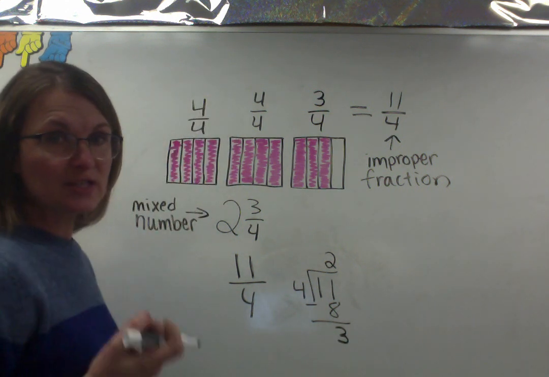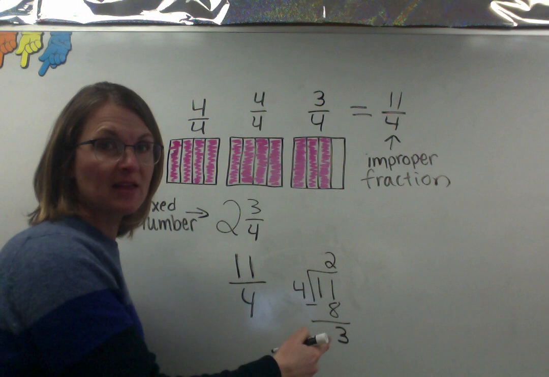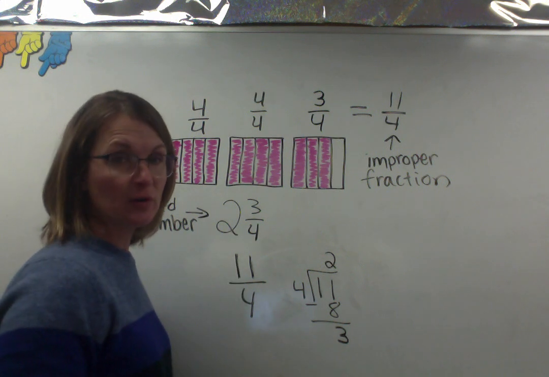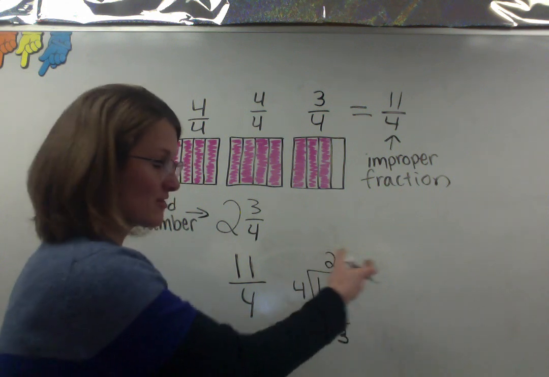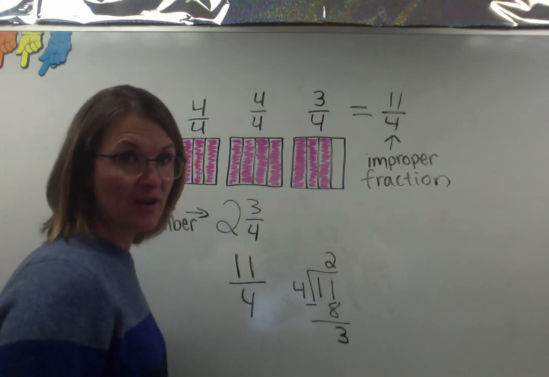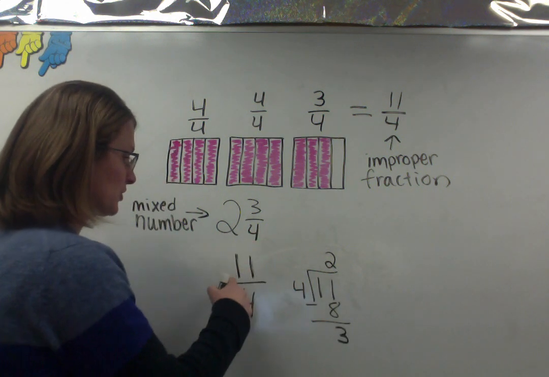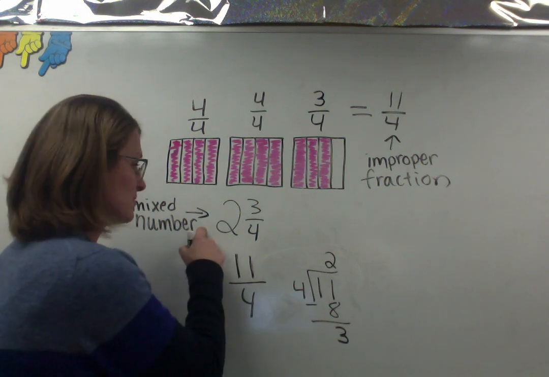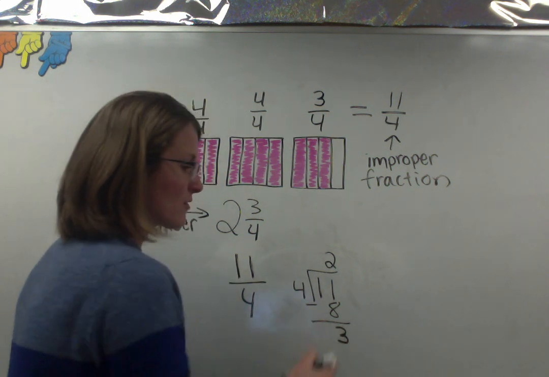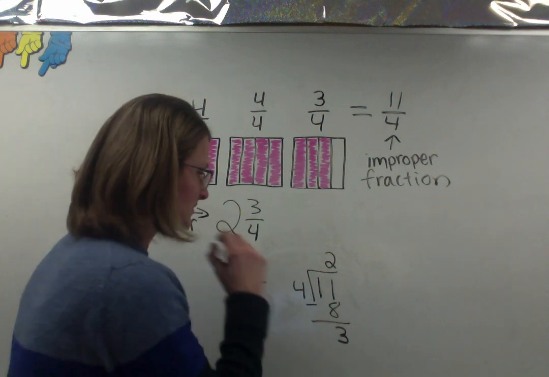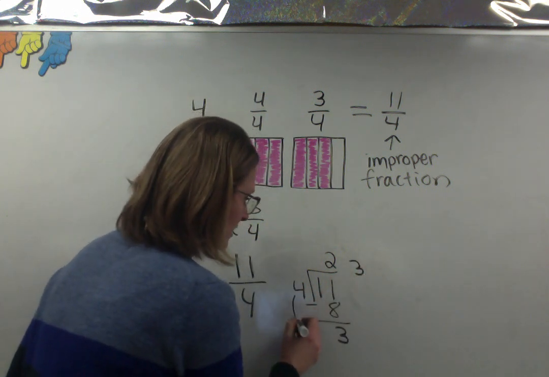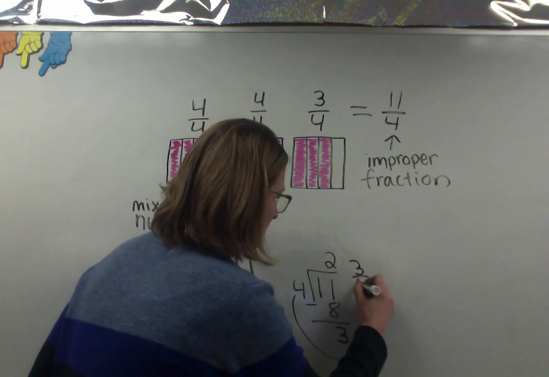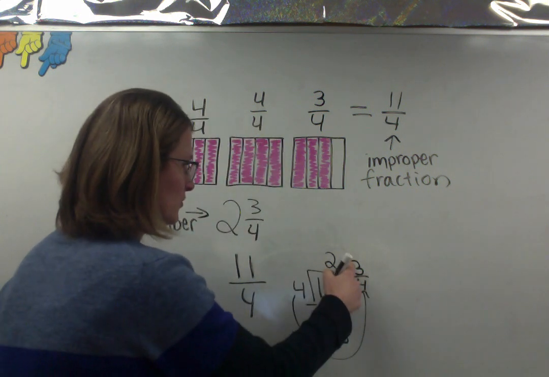Now there's 2 ways that you can get rid of your remainder. In the very beginning of the year, we learned that you can turn your remainder into a fraction. And then we learned that you can keep dividing and make your remainder into a decimal. Well, since we're turning our improper fraction into a mixed number, we're going to make our remainder into a fraction. And remember, the way that you do that is you write your remainder here and you put this number underneath. So you have 2 and 3/4.